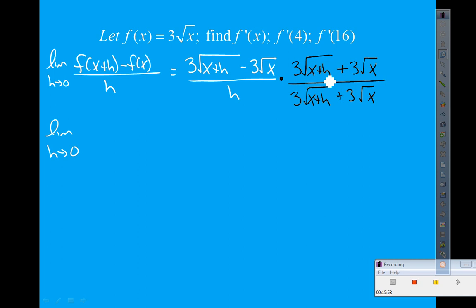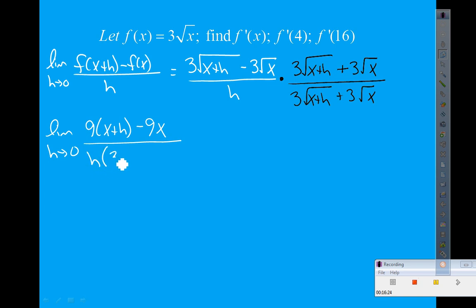I'm going to FOIL out the top. So I'm going to take 3 radical x plus h times 3 radical x plus h, and I'm going to get 9 times x plus h. And then the middle terms are going to drop out, minus 9x, all over that whole denominator.